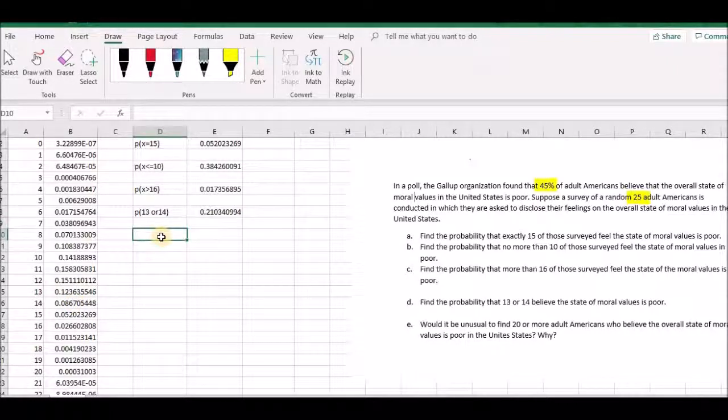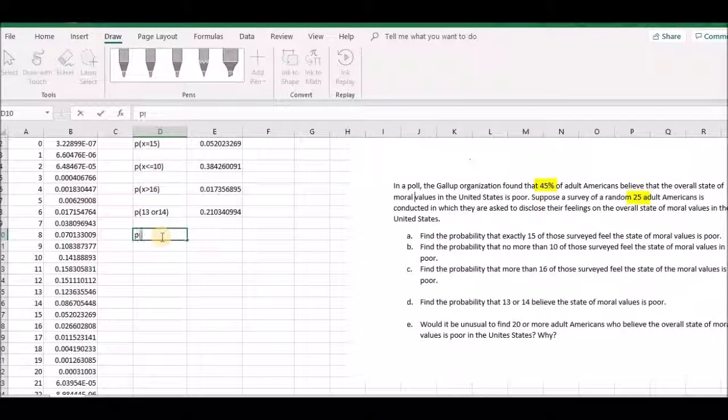Lastly, would it be unusual to find 20 or more adult Americans who believe that the overall state of moral values is poor in the United States, and why? To find if it's unusual or not, we have to compute the probability of finding 20 or more adult Americans who believe the overall state of moral values in the United States is poor.